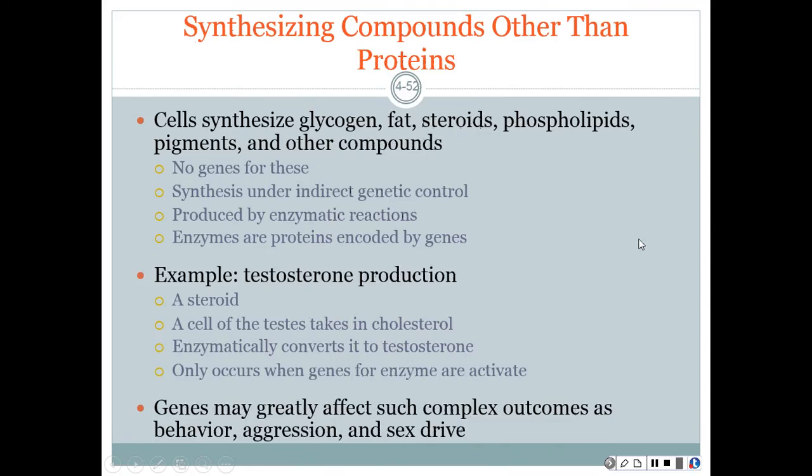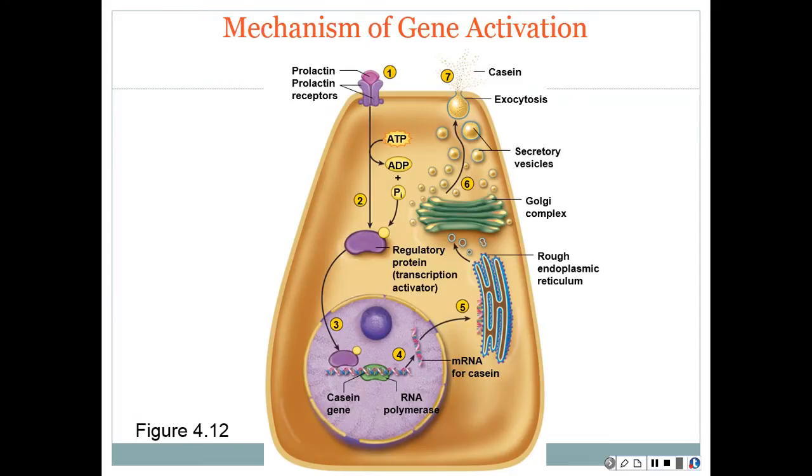Alright, so regulatory proteins can turn gene transcription on or off in a number of ways, including attracting and positioning the RNA polymerase, and coiling or uncoiling DNA in a nucleosome to make it accessible.